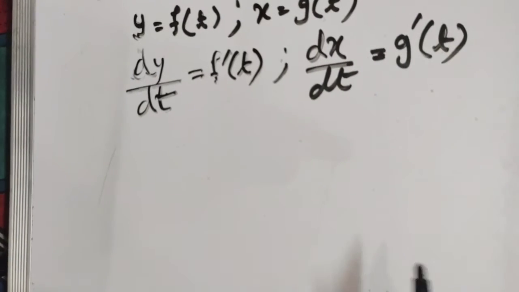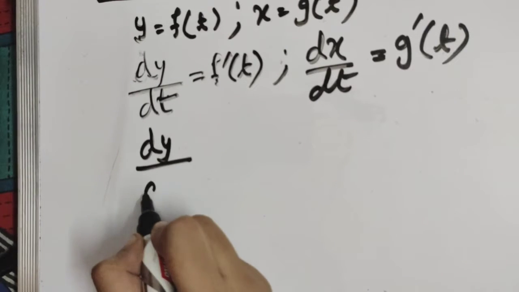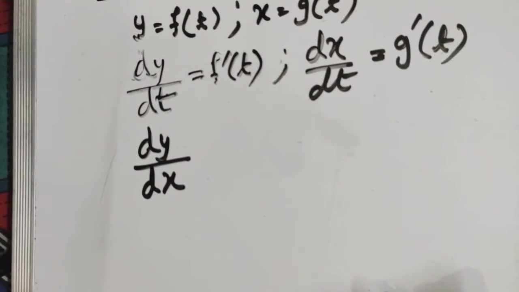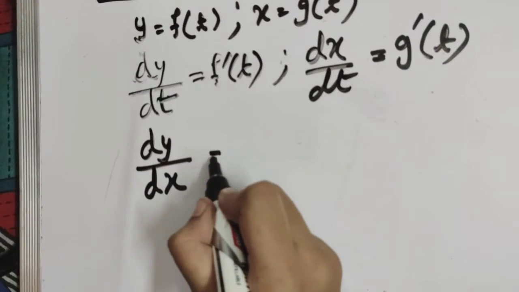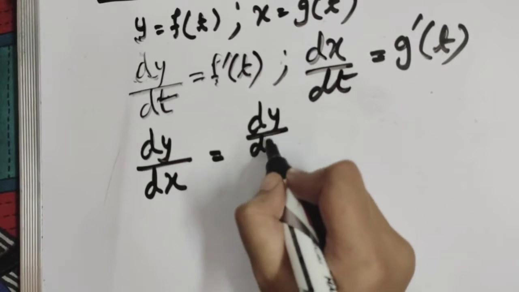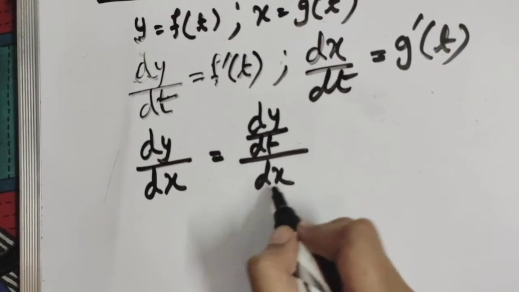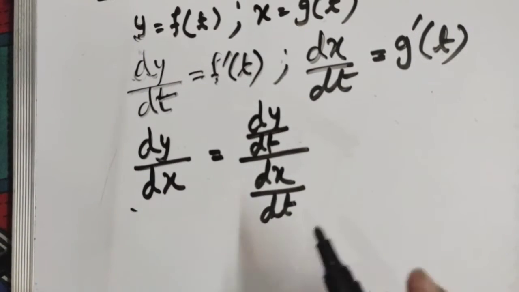Now our target is to derive dy by dx, right? So how can we get here dy by dx? If you think that dy by dt divided by dx by dt, then you can see that you can get dy by dx, right?